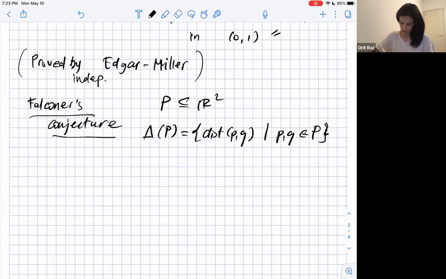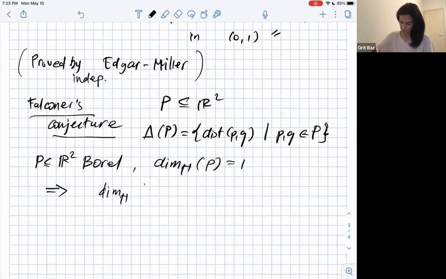And the conjecture says that if P is in R2, Borel, and it has Hausdorff dimension 1, then, this is the conjecture, it's not the result, the dimension of delta of P is 1.